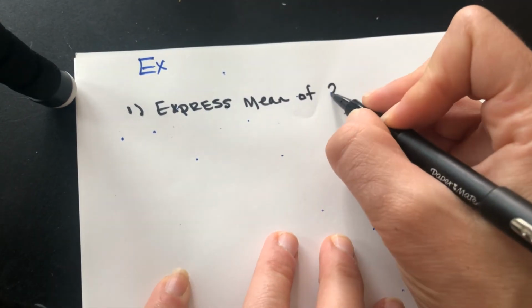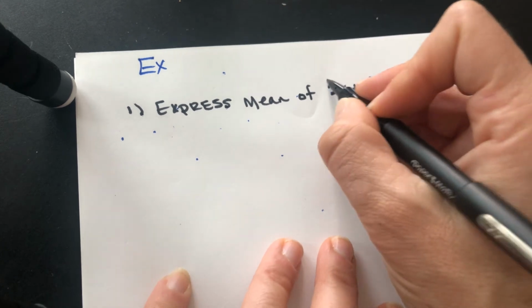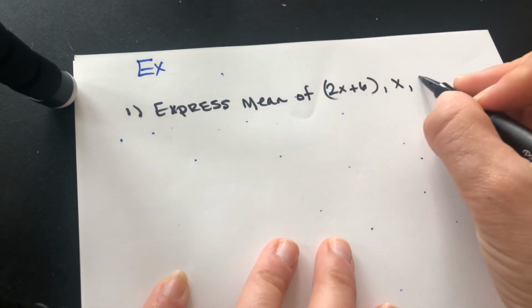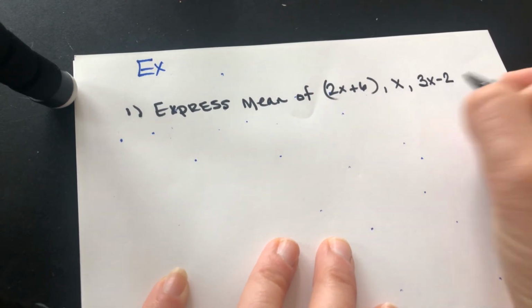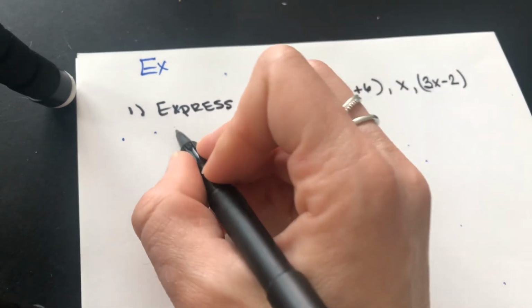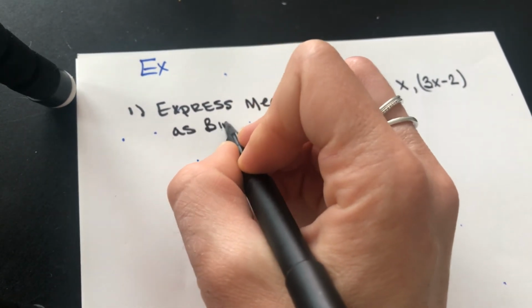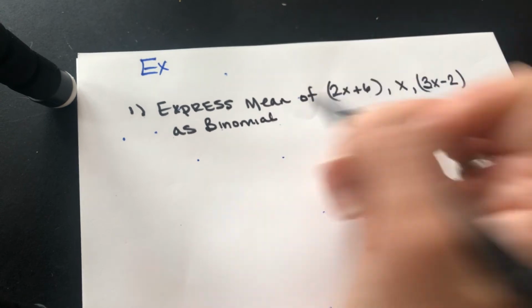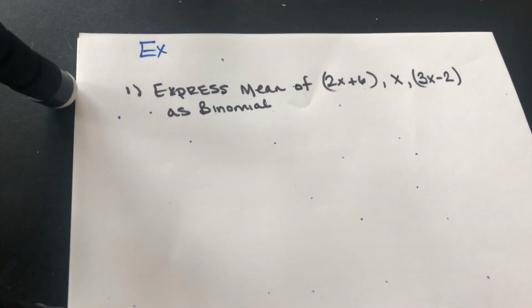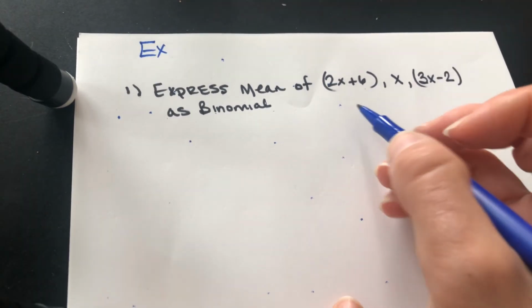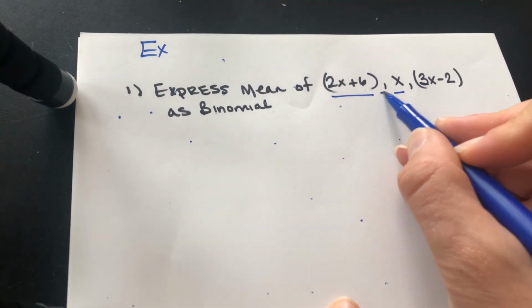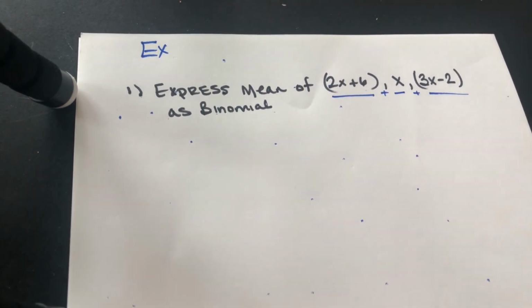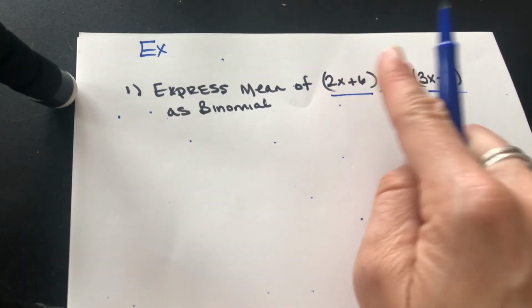Express the mean of 2x, plus 6x, and 3x plus 2 as a binomial, because you're going to have these problems in your homework assignment. Well, first of all, a binomial is 2 terms. That's pretty easy. When I'm asking you guys to calculate the mean, well, it's just polynomials. I'm just taking this plus that value. And how many terms are here? 1, 2, 3.